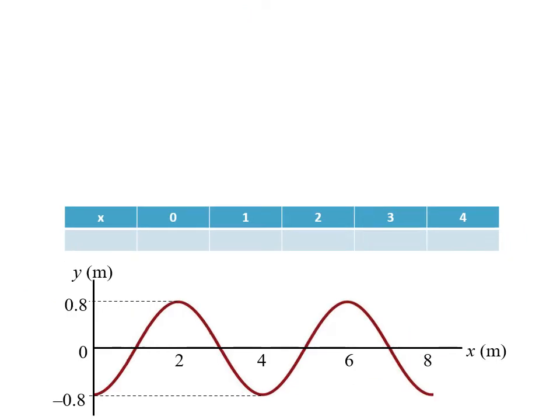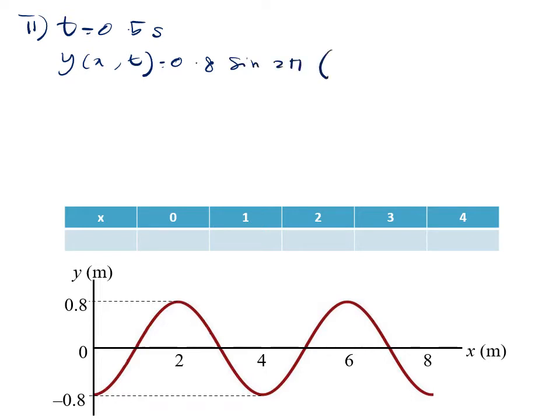Okay, let us look at the case t equal to 0.5 second. So we just substitute into the previous equation, y in terms of x and t equal to 0.8 sine 2 pi times x over 4 minus t over 2.